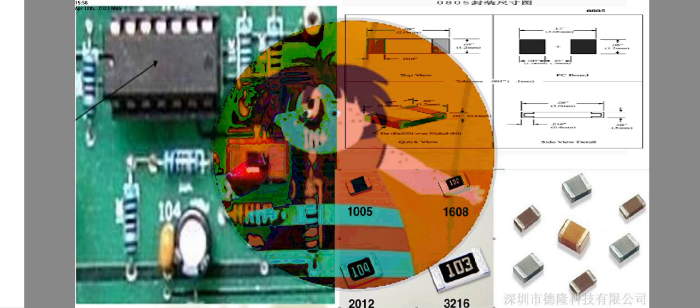In a square, 1 millimeter times 1 millimeter, it can contain 400 resistors or 400 capacitors.